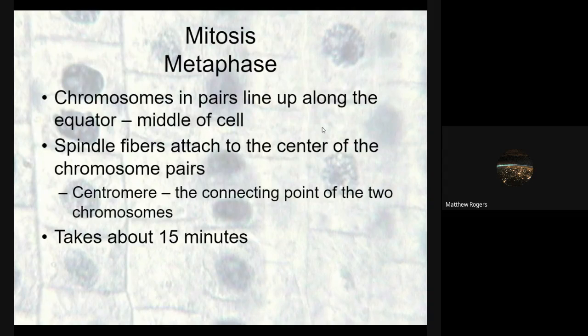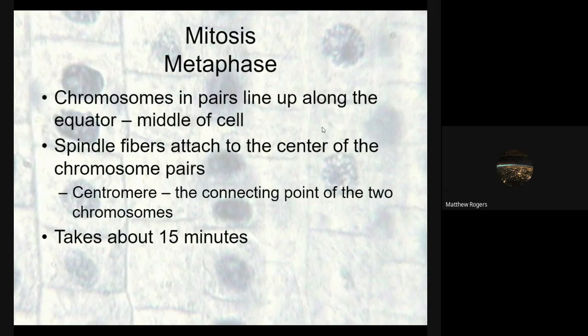Metaphase. So in metaphase, we are going to be lining up the chromosomes that we just created in the middle of the cell. The nucleus is completely gone, and these chromosomes are lining up right along the equator, right in the middle of the cell. And I'll show you what that looks like in a second. The spindle fiber is attached to these chromosomes in the middle. And as you saw, they kind of look like X's.